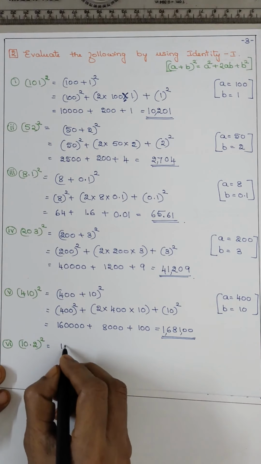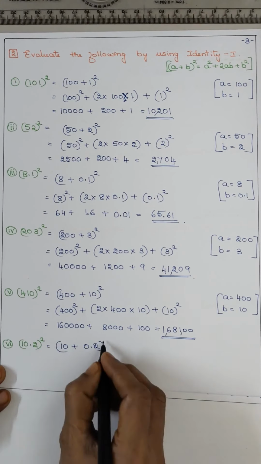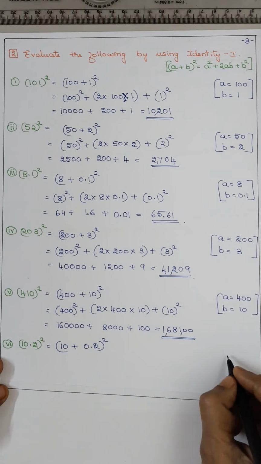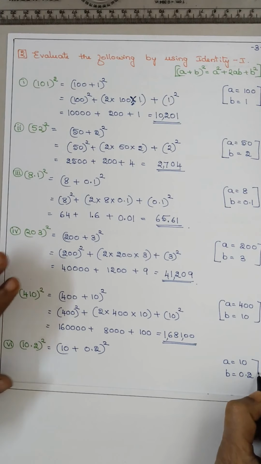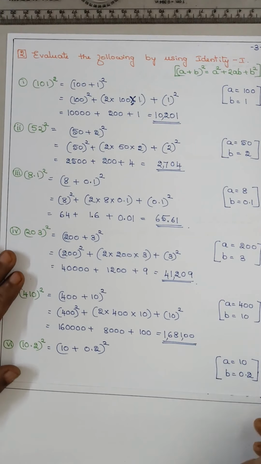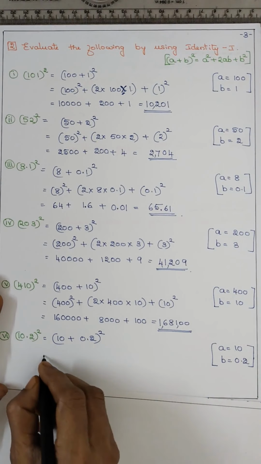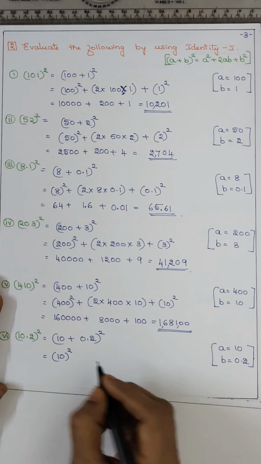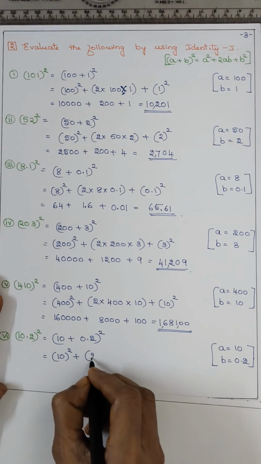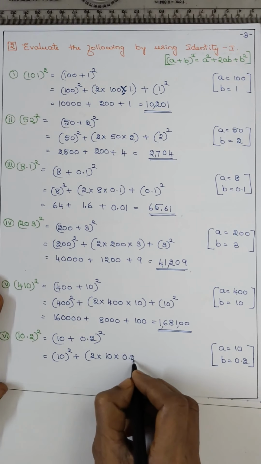10.2, 10 plus 0.2 the whole square. A is equal to 10, B is equal to 0.2. Okay, so it will be a squared, a is 10 square, 2ab, 2 into a is 10, b is 0.2.